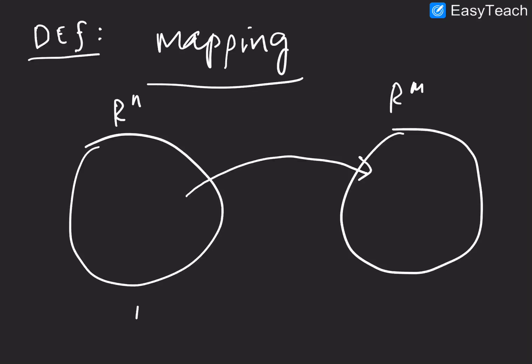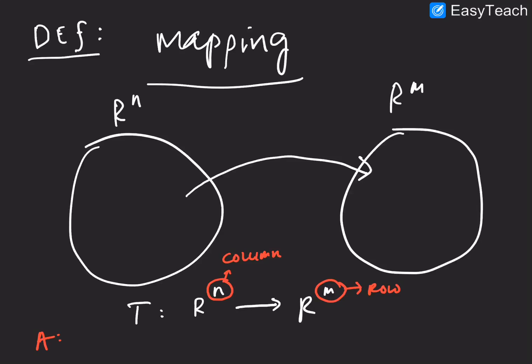So we're going to have a T, which represents the transformation, and it's going to be R to the n power going to R to the m power. So what do these mean? Well, the n is simply the column, and the m is the row. And your A is an m by n matrix.